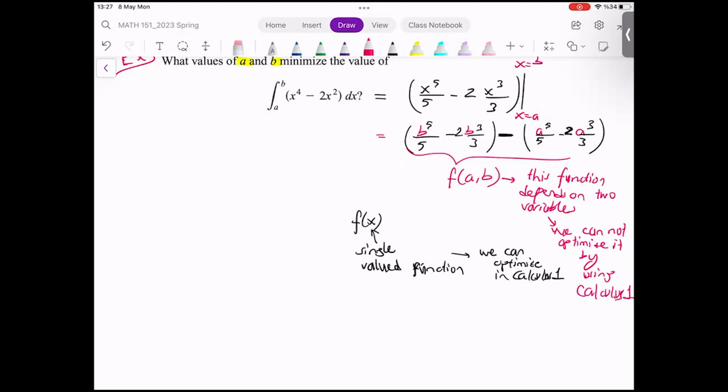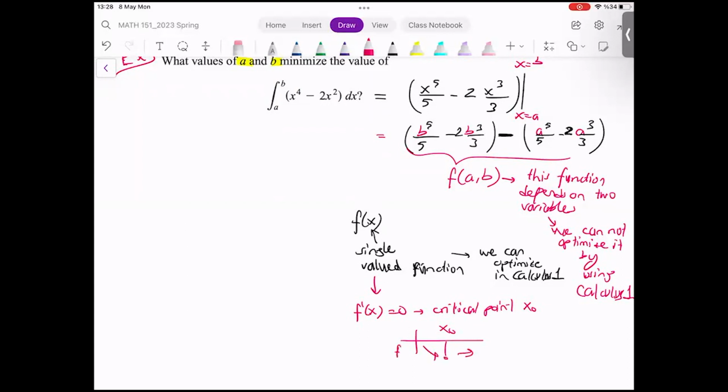If it depended on just b or just a, you would take the first derivative of it, find the critical points, and then you can easily prove whether those critical points give you a maximum or minimum. This is what we were doing during last week, during your last homework, right? How you optimize single-valued functions. You take the first derivative, find the critical point, let's say x0, and construct a sign table for x0.